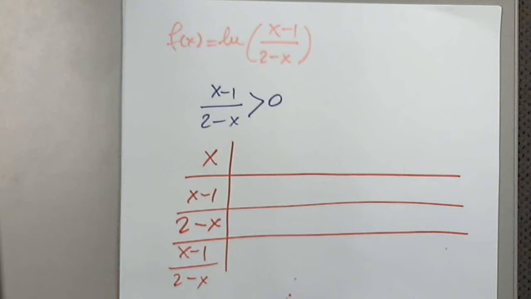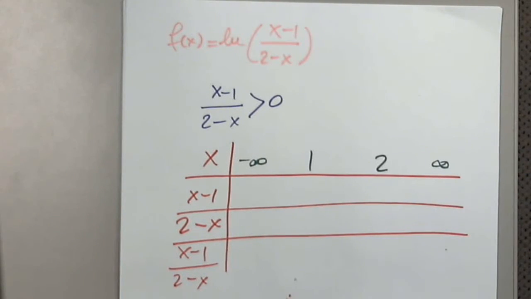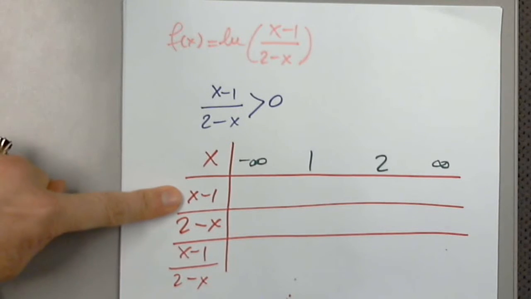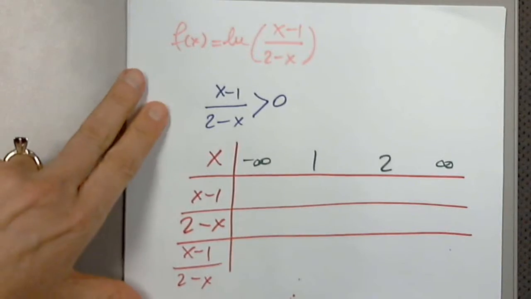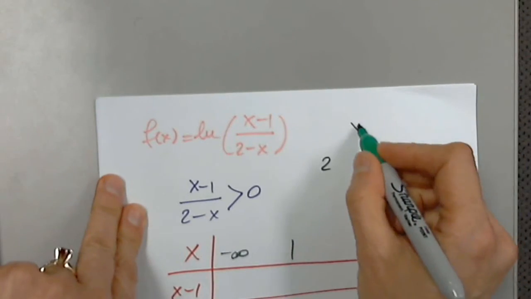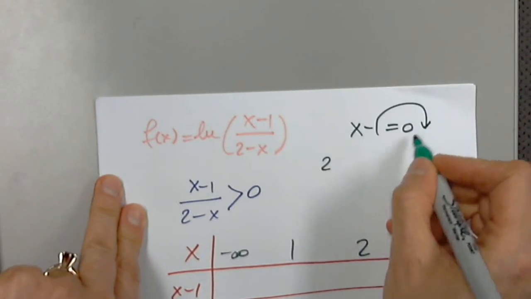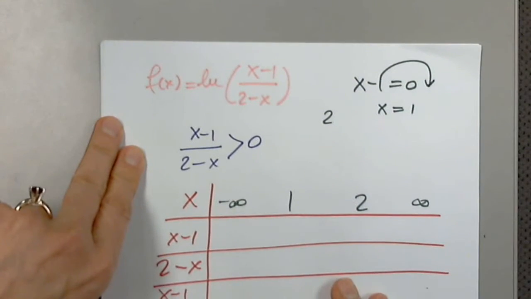Okay, so which numbers go in the chart? 1 and 2. Exactly. Indeed, 1 and 2. There must be a 0 for the row of x minus 1 somewhere. X minus 1 equals 0 means x equals 1.